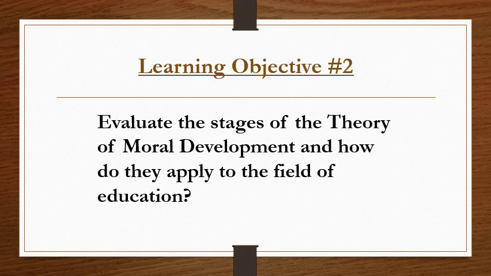So the second learning objective is to evaluate the stages of the theory of moral development and how they apply to the field of education. So let's examine these stages as they apply to education. Understanding Kohlberg's theory of moral development can help you to better understand your students and help you to guide them in their moral development.